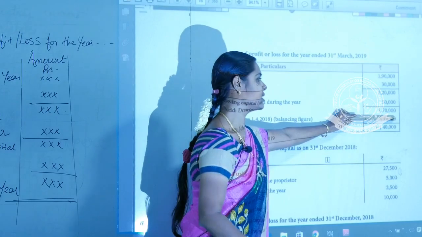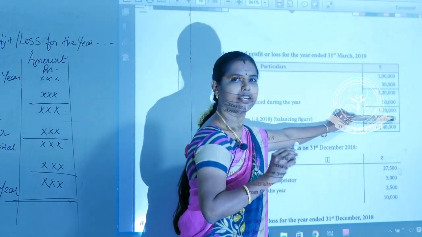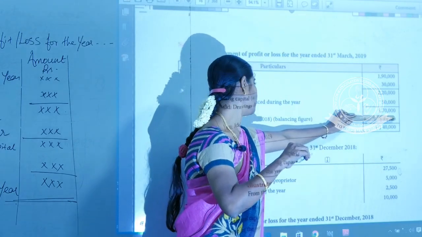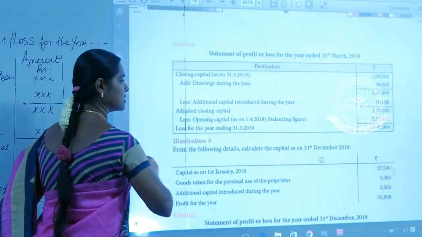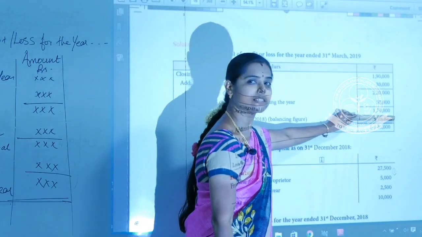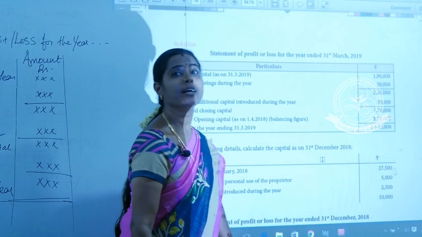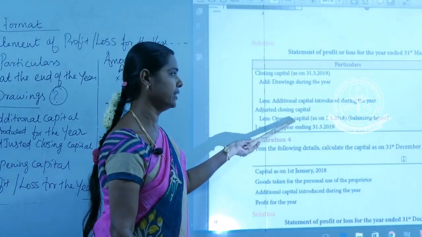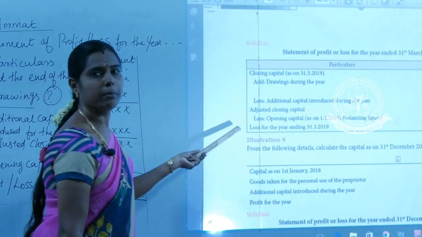As I already said, when you calculate the missing information, we follow the opposite format. Opposite format here: less becomes a plus. So 1,70,000 plus 40,000 is 2,10,000. This is the missing information, that is the opening capital, that we were looking for.